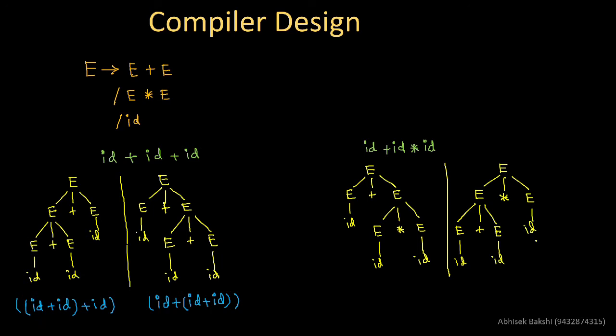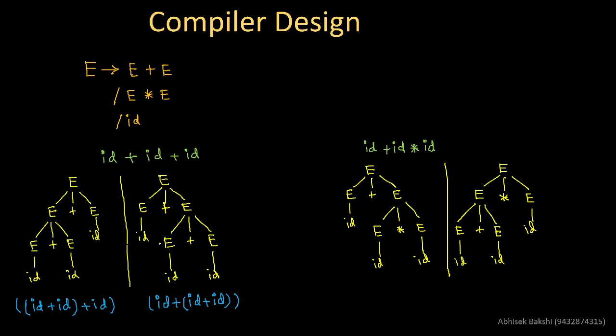Now one thing we have seen already from the previous case, that whatever is at the higher level will act first, and since there was the same operator in the different levels, whichever direction you are choosing in the parse tree depends on the associativity.